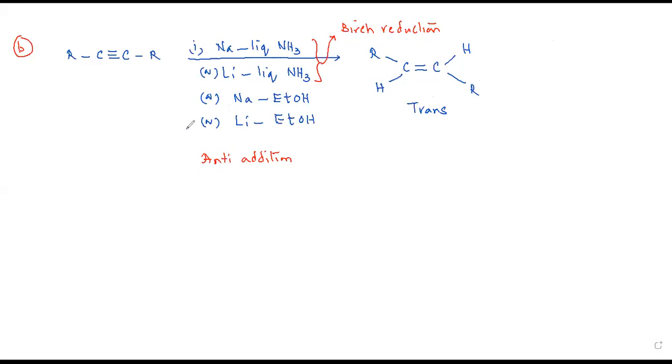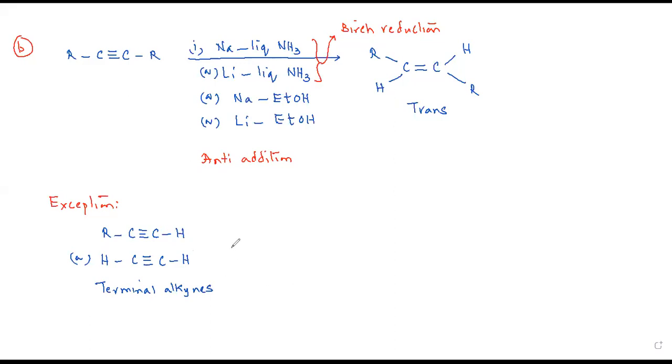Now there is an exception for this. What is that? Supposing if you go for something like this or something like this. See, these are called terminal alkynes. Of course, the second one is acetylene, right?